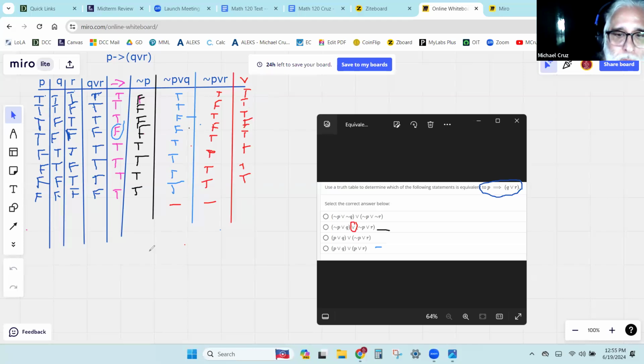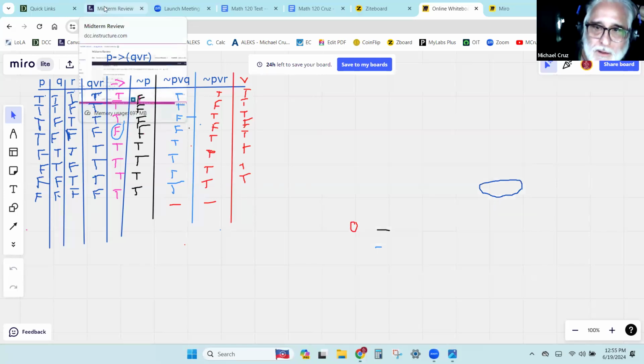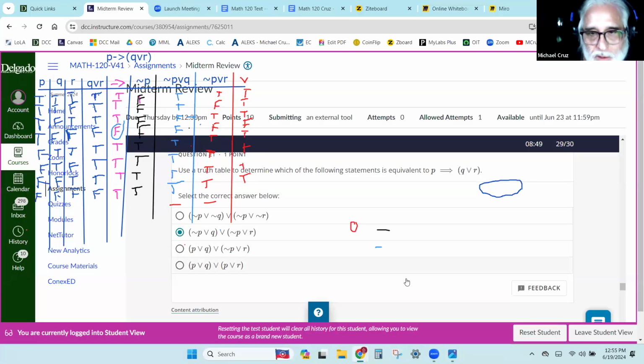And there it is. These two now match. 3 trues, 1, 2, 3, 1 false, and then 1, 2, 3, 4. So yeah, it is this one, as I suspected.